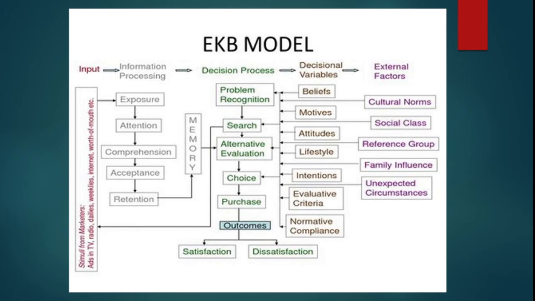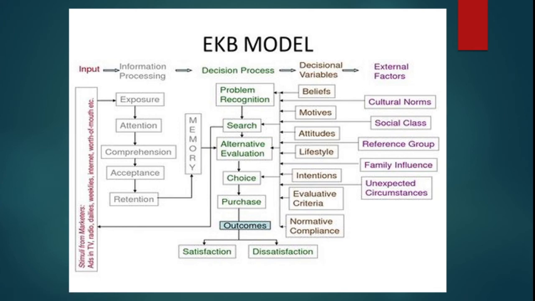And next we have information processing. This is the information processing stage. The information processing section of the model consists of exposure, attention, comprehension, acceptance, and retention of the marketer controlled or non-marketing information.